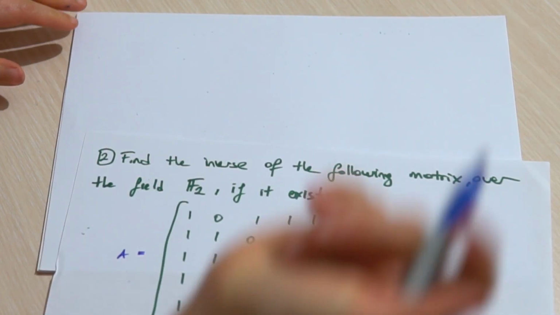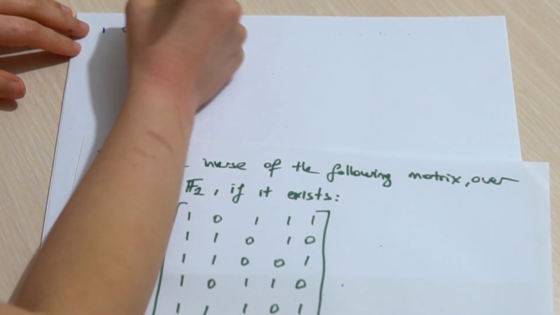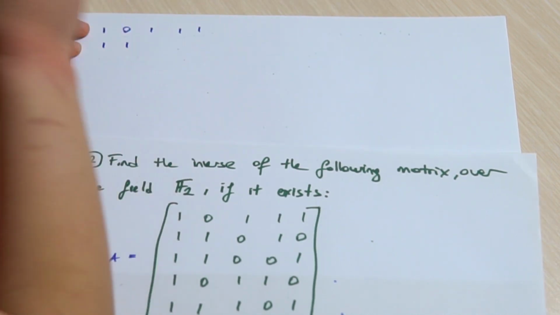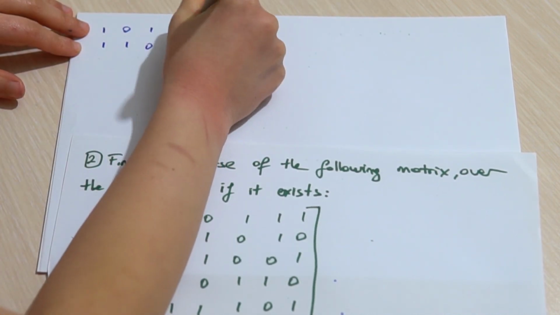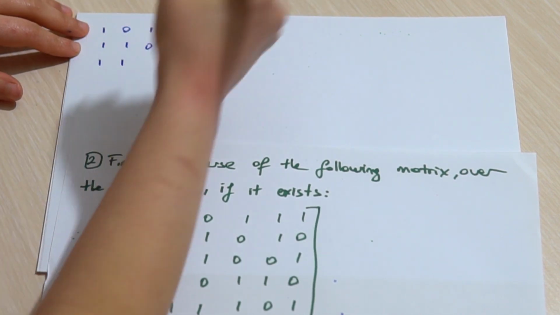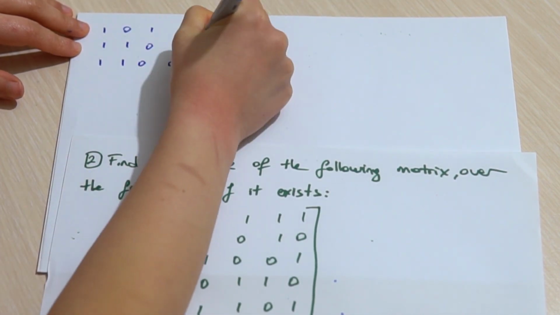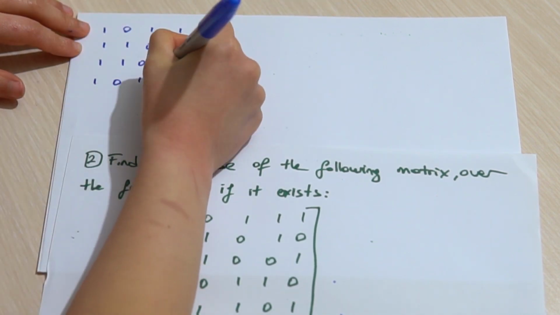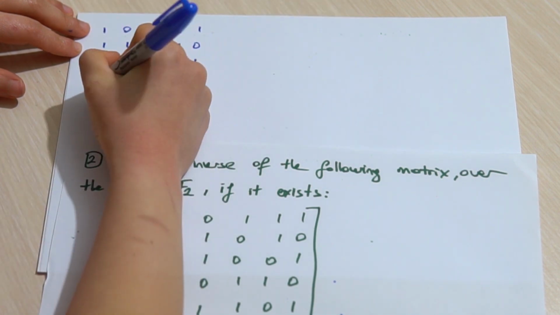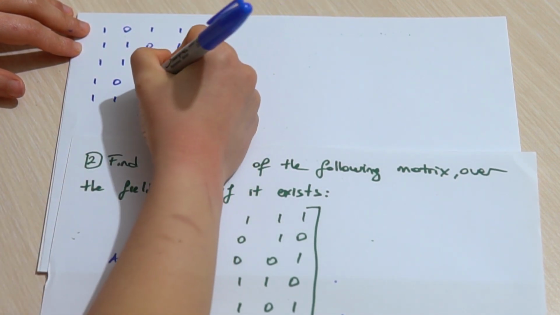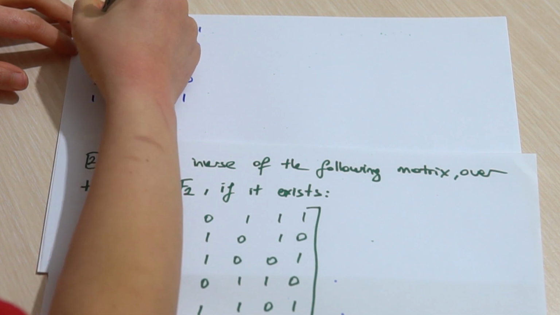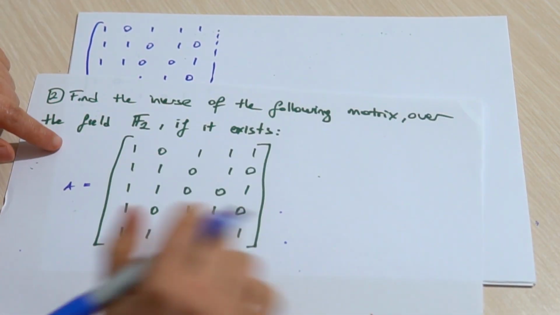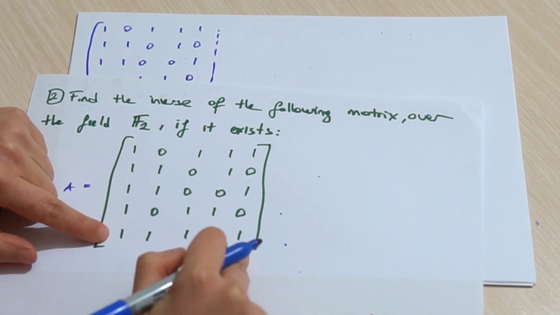Let's write it here. 1, 0, 1, 1, 1, 1, 1, 0, 1, 0, 1, 1, 0, 0, 1, 1, 0, 1, 1, 0, 1, 1, 1, 0, 1. It's like this is 5 by 5, right?